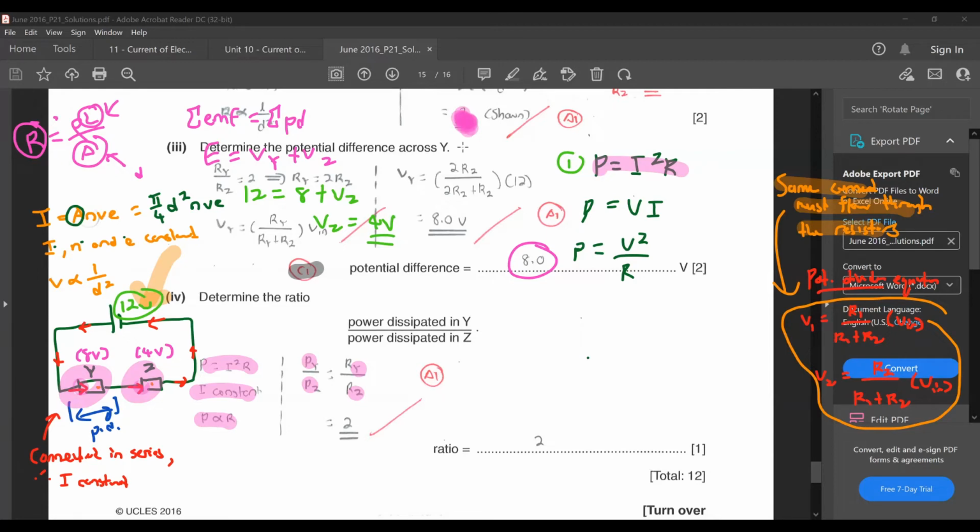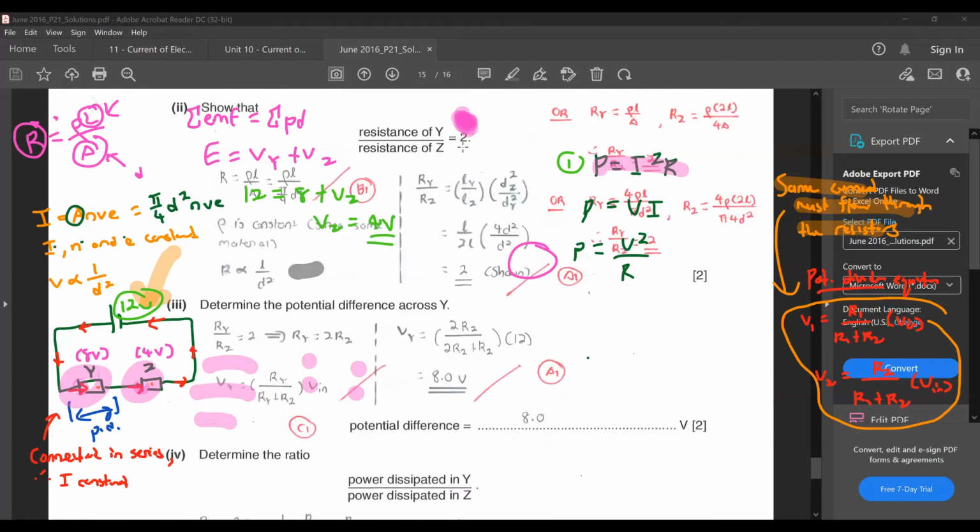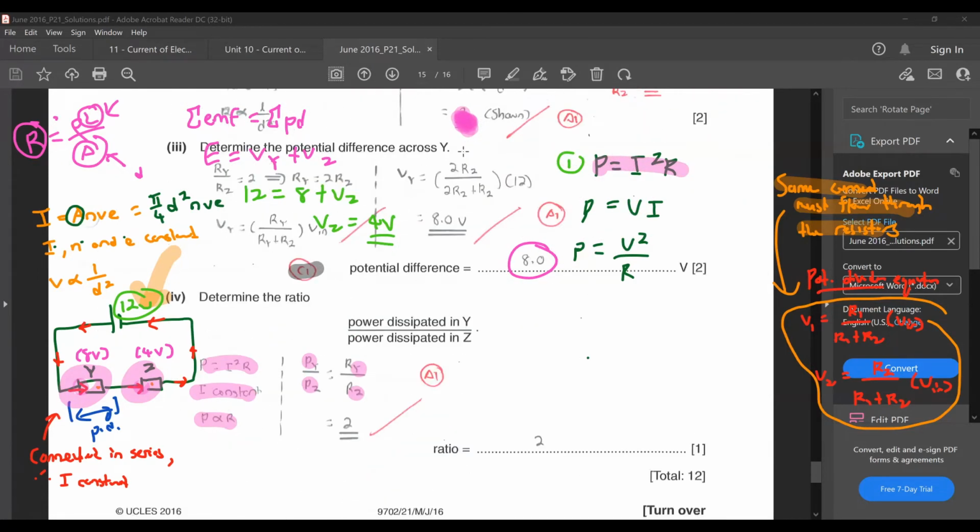You already found out Ry to Rz is 2. This is the most straightforward way to find the answer. But let's just say it did not occur to you to use this equation. You could have also used the second one.